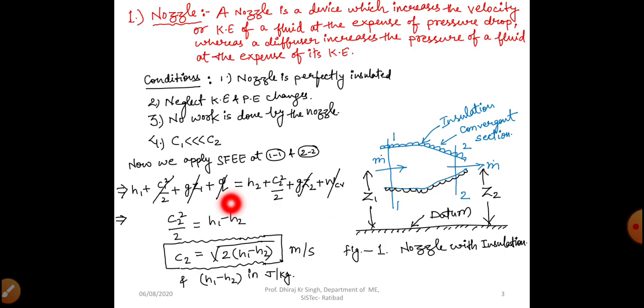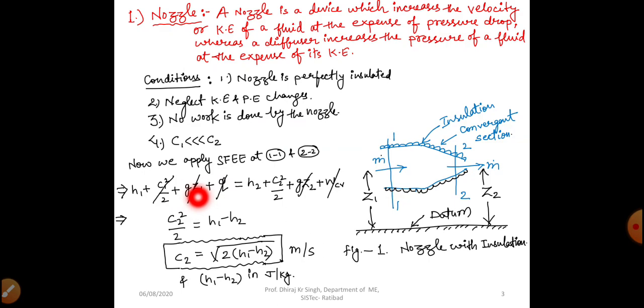In some cases, if you want to write the net heat transfer in differential form, you can write del Q by dm, and for net work transfer you can write del W by dm. I have simply denoted them as Q and W_CV. From the assumptions we have to neglect kinetic energy and potential energy. C1 square by 2 is kinetic energy at inlet and g z1 is potential energy at inlet.